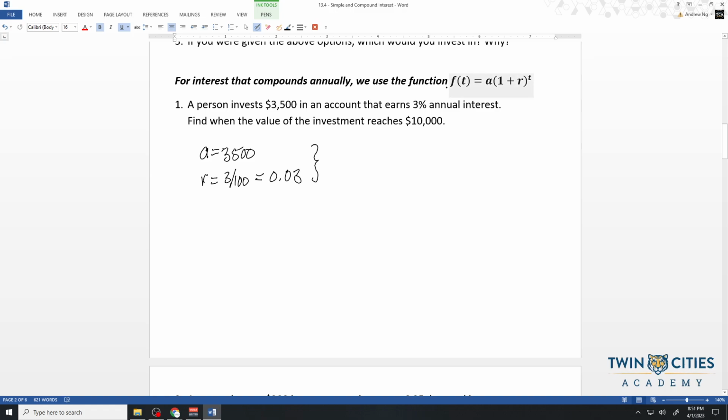Using this function, f of t equals a times 1 plus r, so that's 3,500, parentheses, 1 plus 0.03 to the t. T is time.